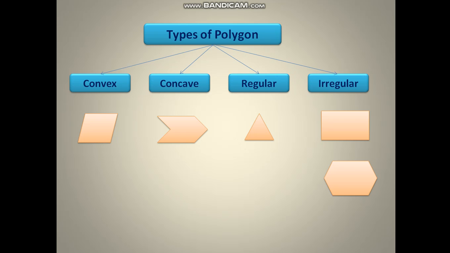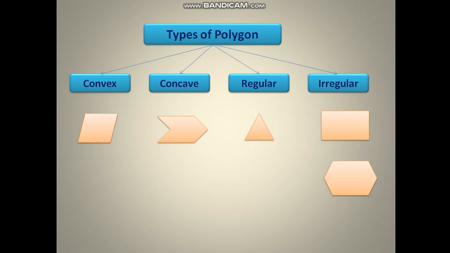It means equiangular and equilateral: all angles are equal and all sides are equal in length. See on your screen, one of the triangles is there. You can observe the sides are the same length and the interior angles are also the same.